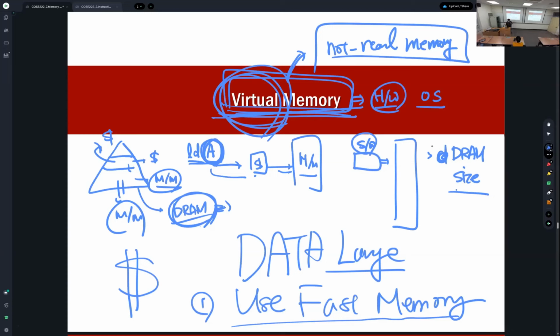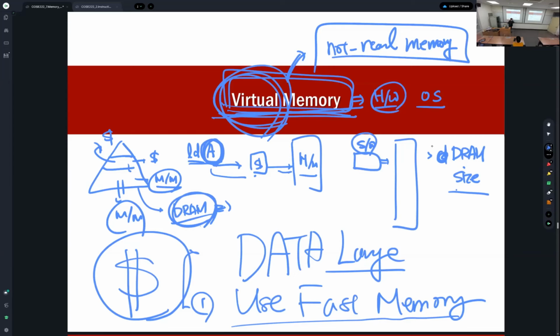So how can we solve this issue? This concept is similar to cache. Why do you use cache? We want to use fast memory in the CPU, but the size of fast memory is small.